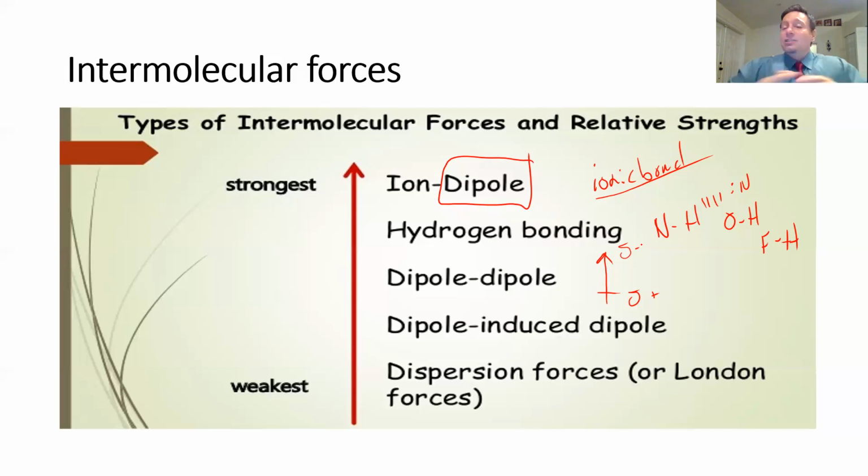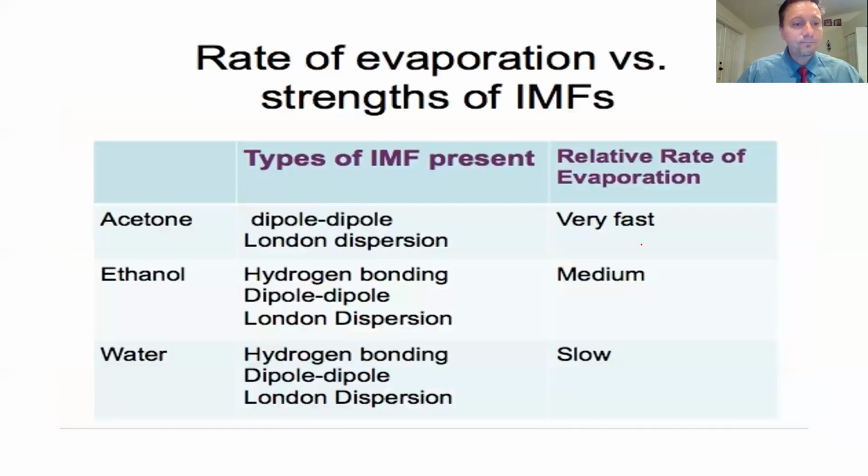It's in all molecules, but it has the greatest effect on a large molecule. So the movement of these electrons can cause momentary attractions and can predict why some large molecules are solids and liquids and gases based on these London dispersion forces.